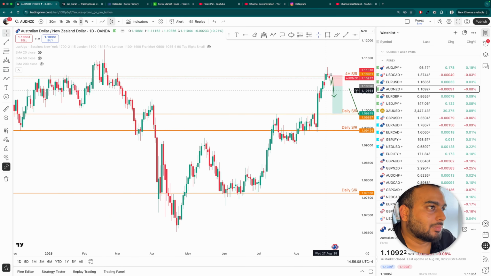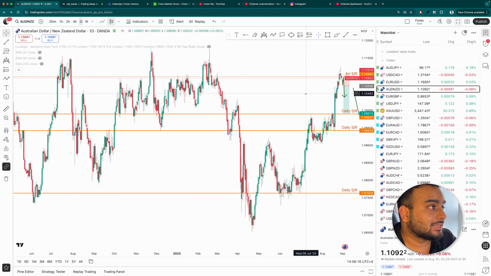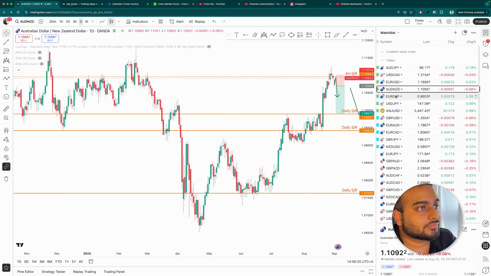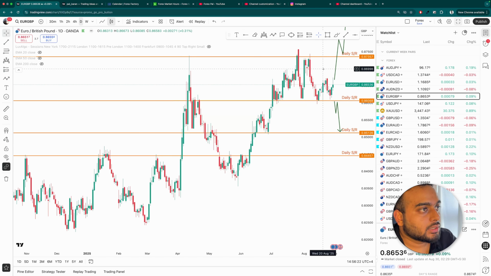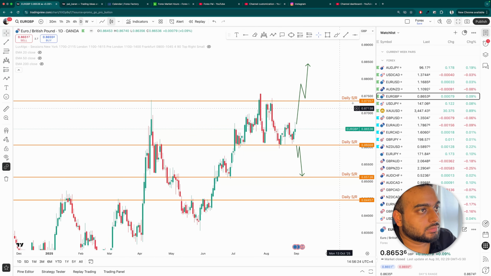I think the price might just go up and nothing will really happen for us. But it's a high chance that the price is going to reject. Now, EUR GBP is something, it might happen, it might not happen. It will keep ranging.